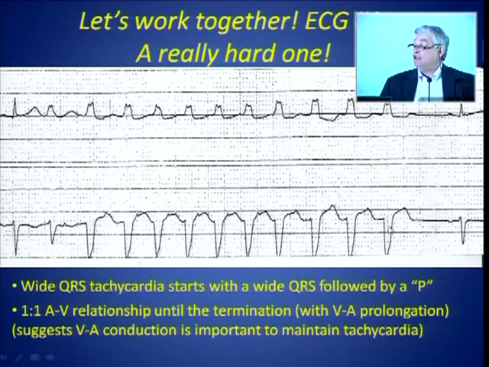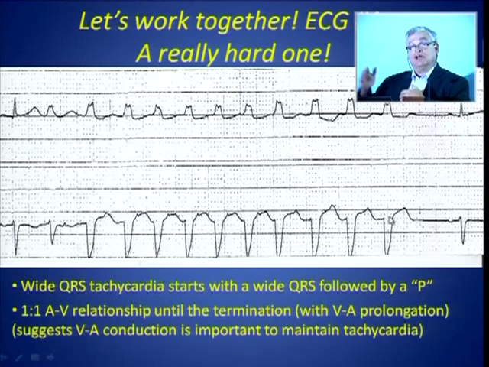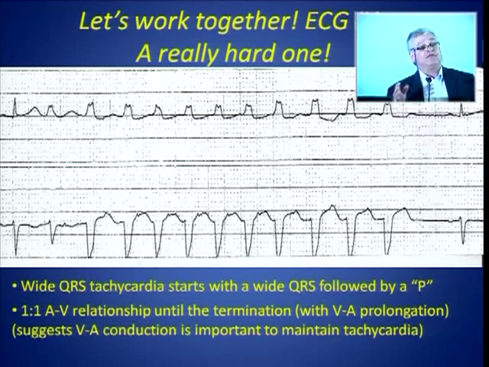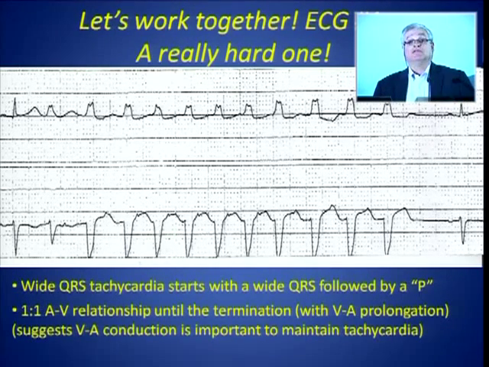And the VA is not only in the circuit, but in this particular case, the VA is decremental because the VA gradually prolongs and then we have VA block and the tachycardia terminates. So the VA conduction must be over a decremental pathway. Well, what's the first decremental pathway you would usually think of? The AV node. So isn't that interesting?